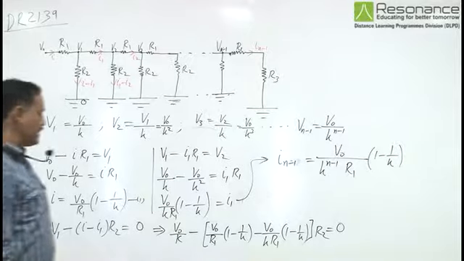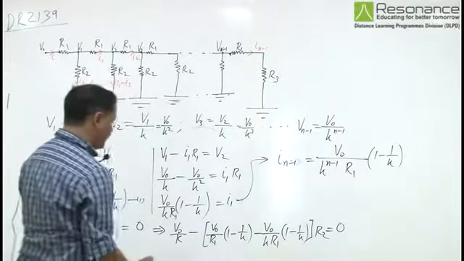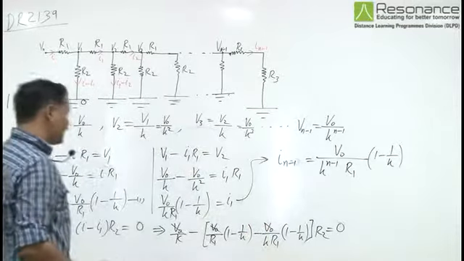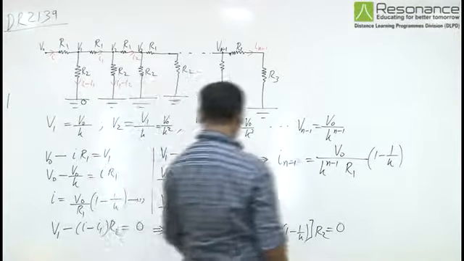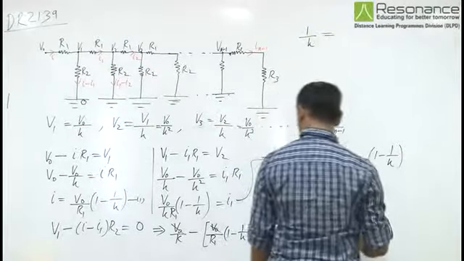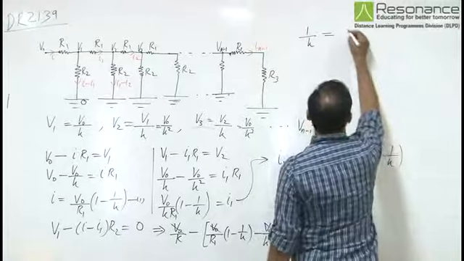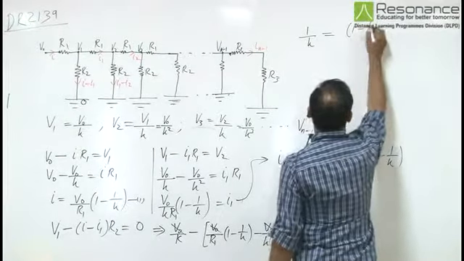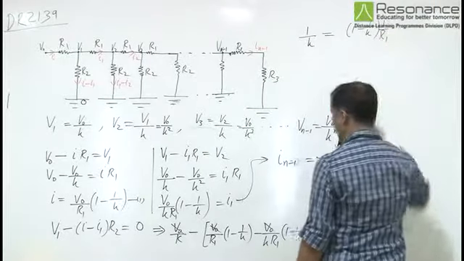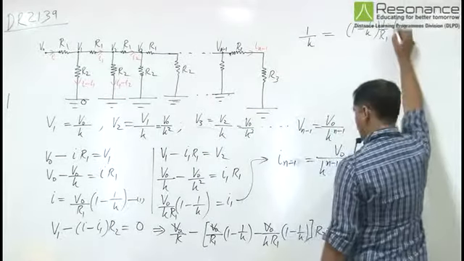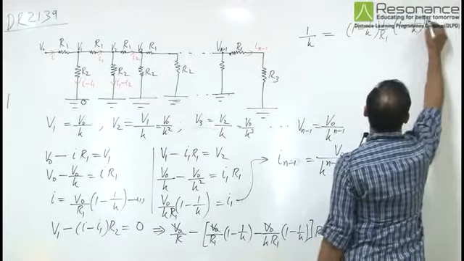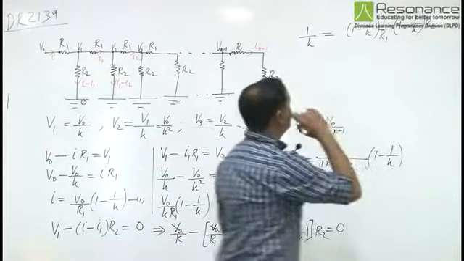If I rearrange them, V0 is cancelled. We are left with 1 by K is equal to 1 minus 1 by K into 1 by R1 into 1 minus 1 by K into R2.